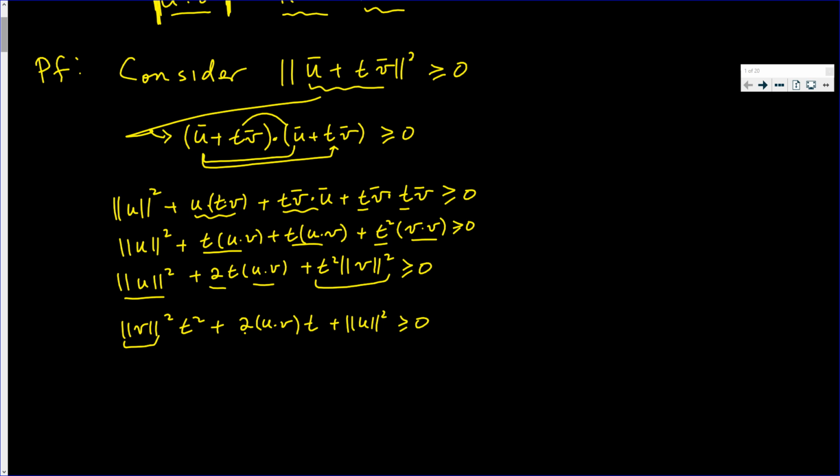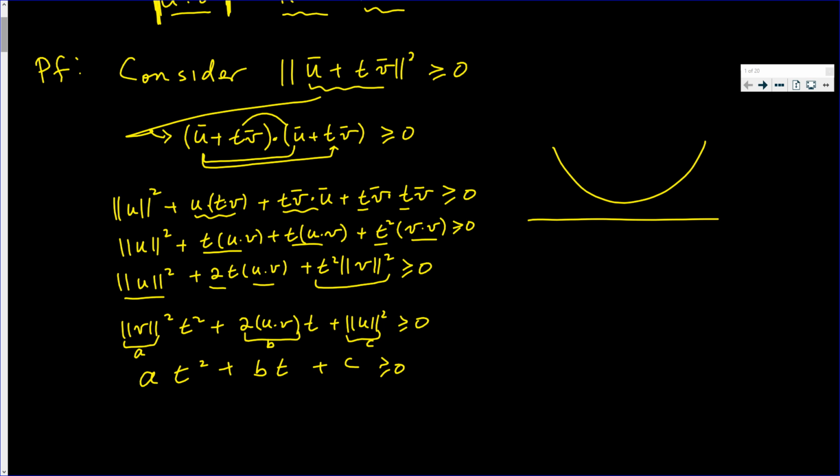Now, if I call this a, this b and that c, you have at squared plus bt plus c is greater than or equal to 0. Well, for a polynomial to be greater than 0, it either goes like this or that, and it has no roots. That would mean that the discriminant would have to be less than 0.